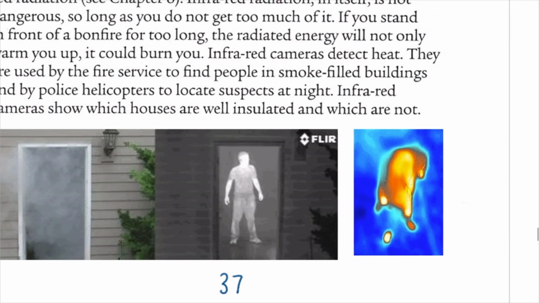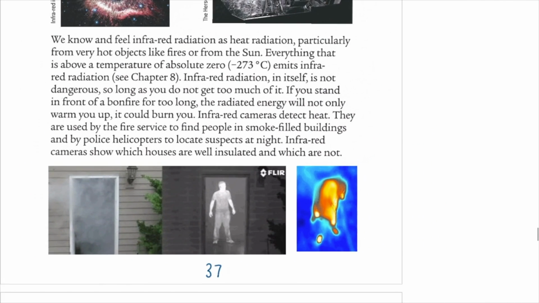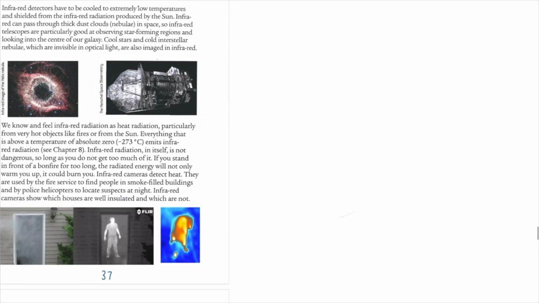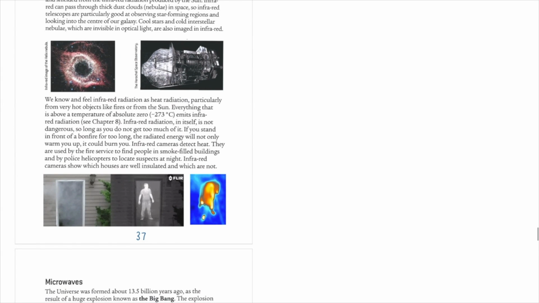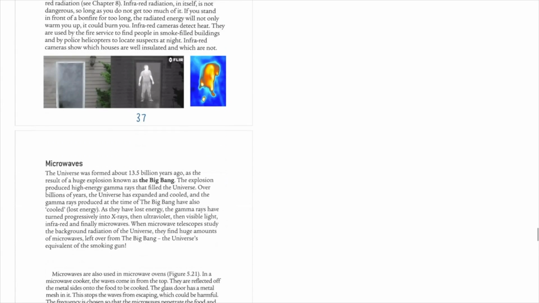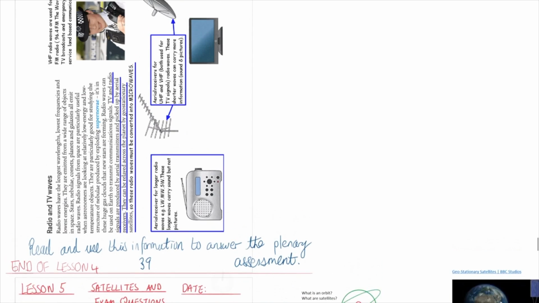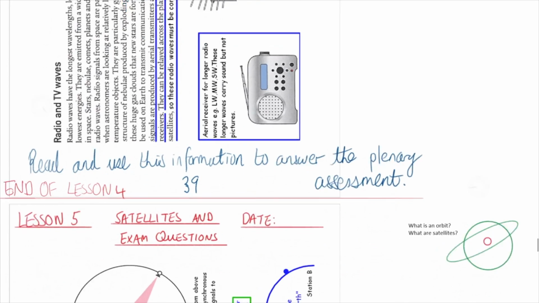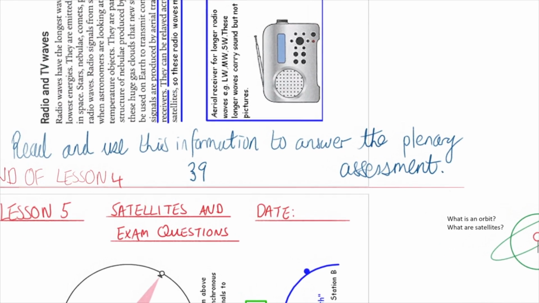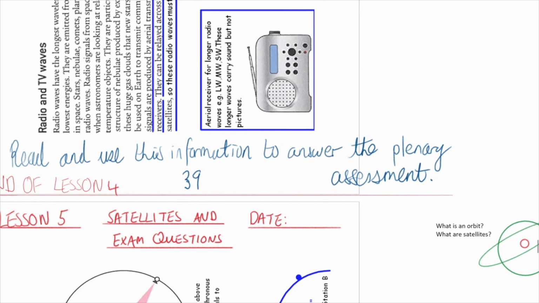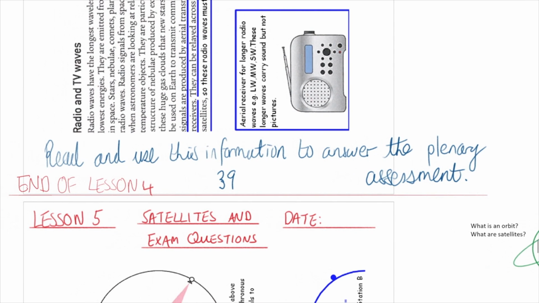It can be used to detect how much heat is escaping from houses, to see how well houses are insulated. You can read through that. Now, read through the remaining information on page 38 and 39, because that information you'll need to use in order to answer the plenary assessment.